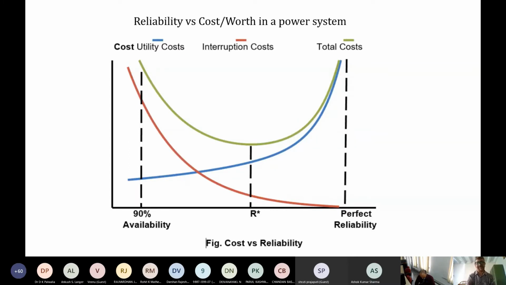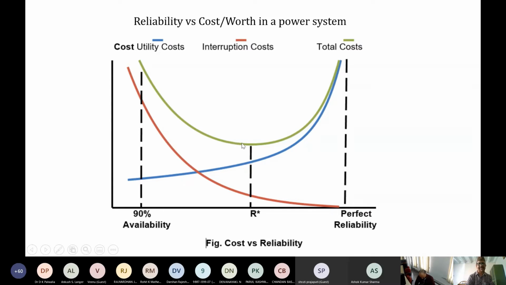And I told yesterday also that utilities try to maintain this optimal reliability in the system, but it's very, very difficult to maintain this reliability level continuously. Either the utilities are operating at higher reliability than required, or they are operating at lower reliability than required.